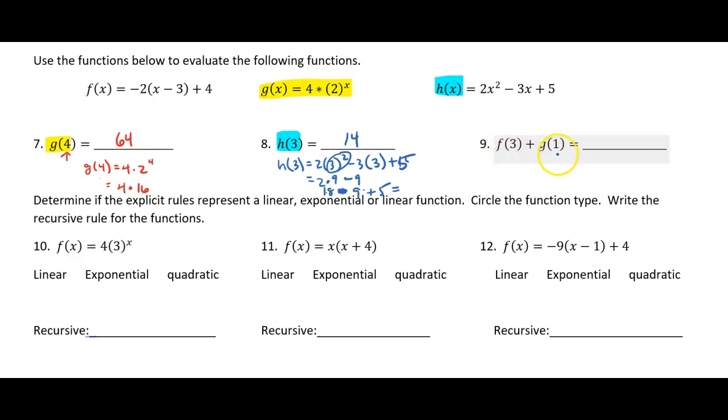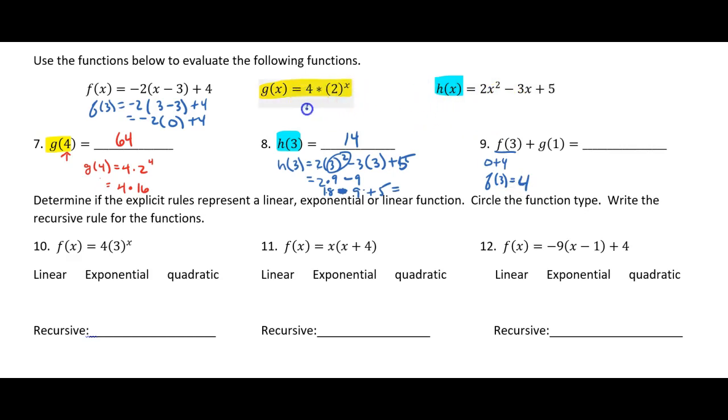So when I do f of 3 plus g of 1, basically first I'm going to take function f and evaluate it with an x value of 3. So f of 3 would be negative 2 times 3 minus 3 plus 4. That gives me negative 2 times 0 plus 4. What is negative 2 times 0? 0, and 0 plus 4 tells me f of 3 is 4.